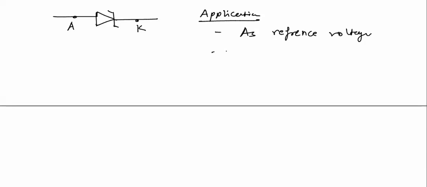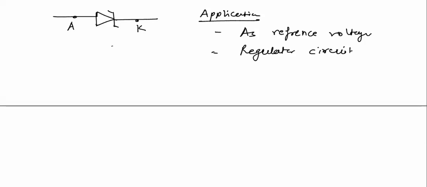The Zener diode is used, we'll discuss applications, as a reference voltage, and it is used in regulator circuits. Regulators we will see in detail in analog electronics.